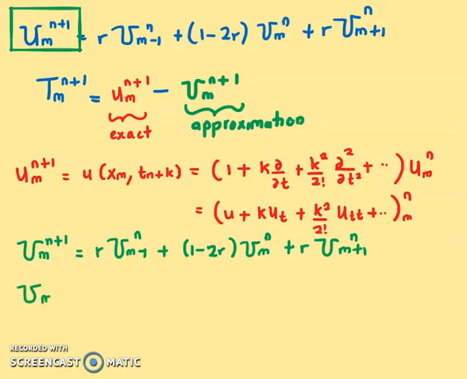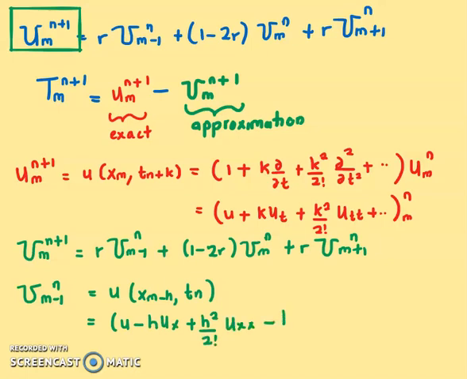So let's expand u_(m-1)^n, which is u(x_m minus h, t_n). Expanding in terms of h, I have u minus h u_x plus h squared over 2 factorial u_xx minus h cubed over 3 factorial u_xxx plus h to the 4 over 4 factorial u_xxxx, and whatever the other terms, at m, n.